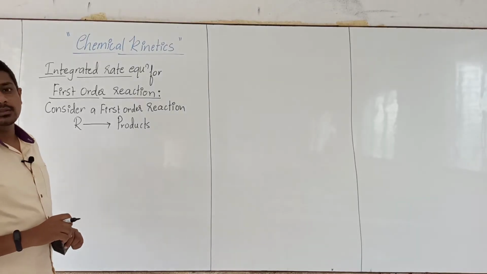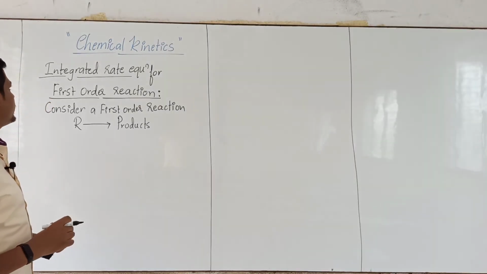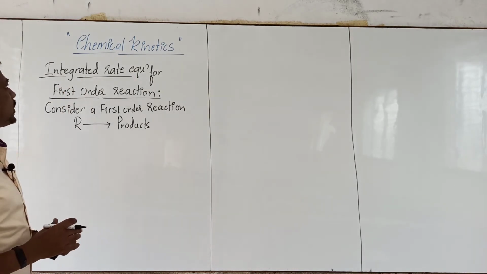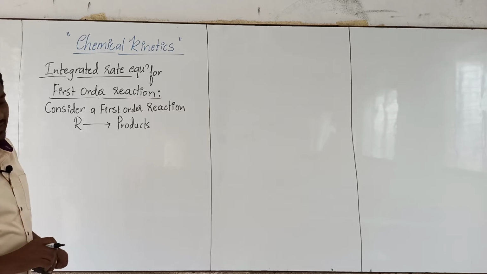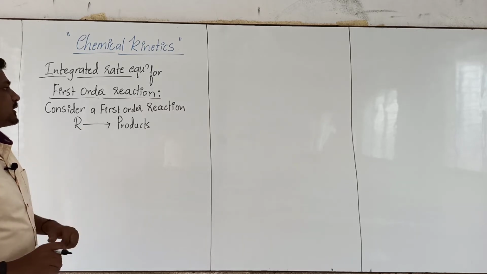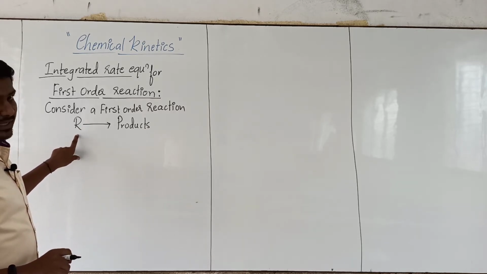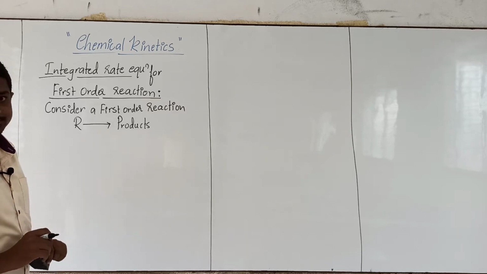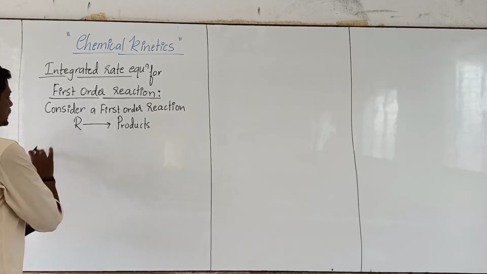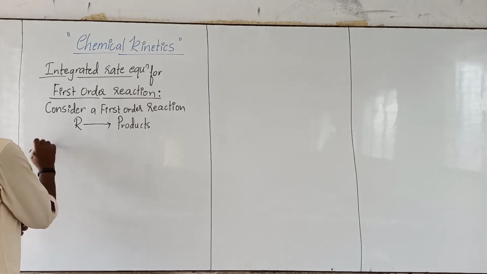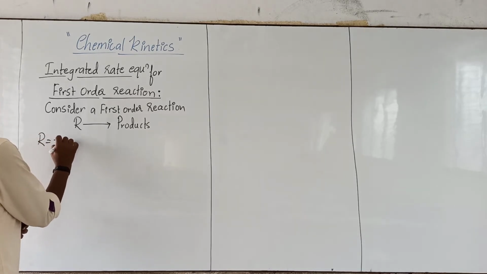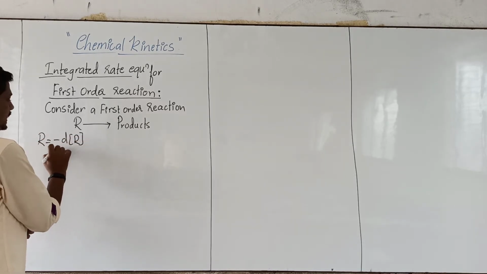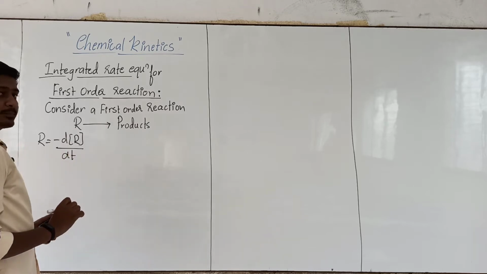So students, now let us see how we derive the integrated rate equation for the first ordered reaction. Consider a first order reaction wherein R is the reactant which is giving me the product. We know how to write the differential rate equations. First, rate is equal to minus dR upon dt.